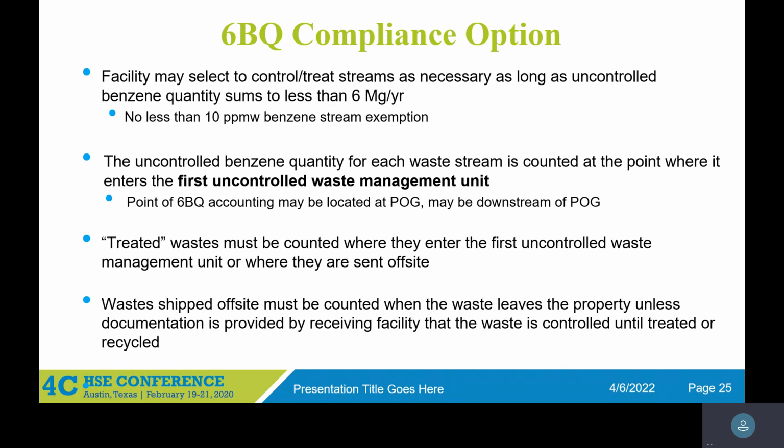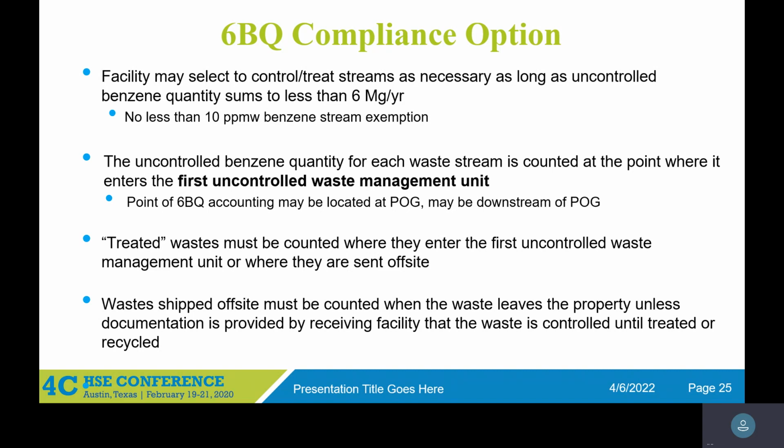It's the streams that they really want to focus on. What is it that you're not controlling that could affect human health, right? But they're calculated different too. The 2BQ was calculated just like the TAB, at the point of generation where you exit the waste. The 6BQ is calculated at the entrance of the first uncontrolled waste management unit.